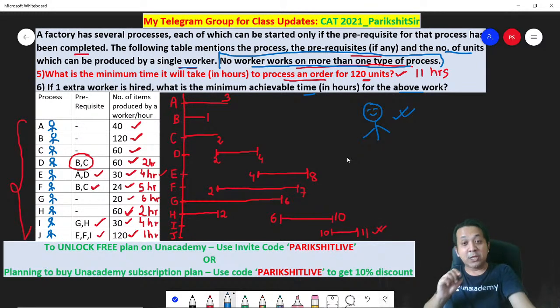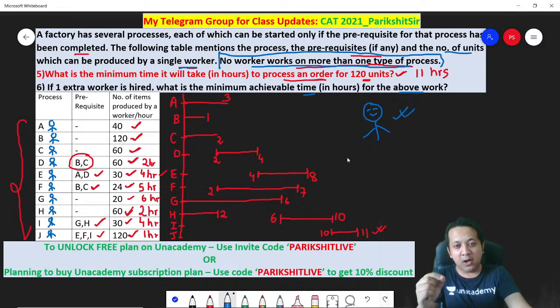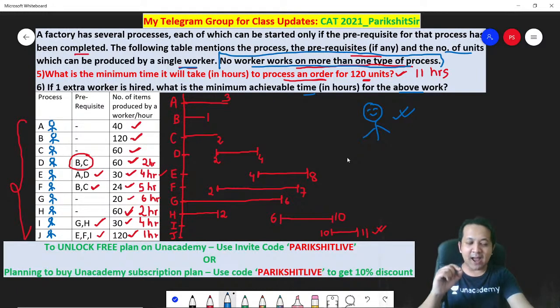You have got A, B, C, D, E, F, G, H, I up till J, right? So from A to J, which process will you allocate this extra worker so that you can complete the work in minimum time? Which do you think?